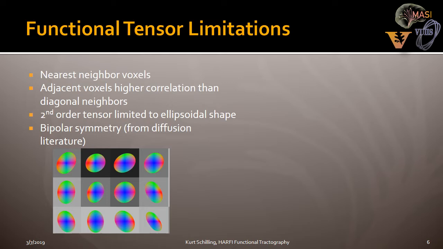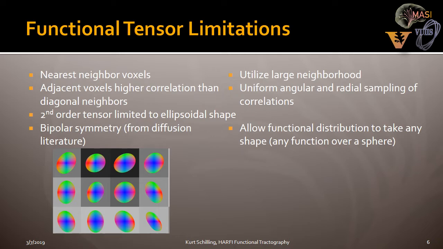Third, the use of a second-order tensor limited the shape of these functional distributions to ellipsoids. And finally, it also forced a bipolar symmetry, which is left over from diffusion literature, where we're unable to distinguish diffusion in the left direction from that in the right.